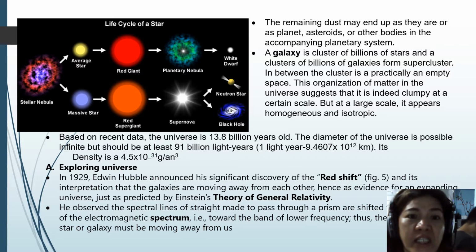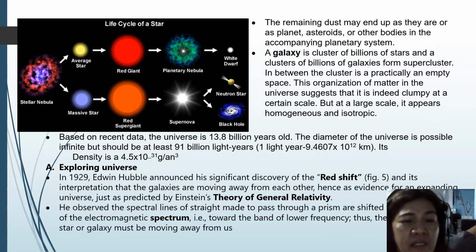The remaining dust may end up as it is or as planets, asteroids, or other bodies in the accompanying planetary system. A galaxy is a cluster of billions of stars, and a cluster of billions of galaxies forms a supercluster. In between the clusters is practically empty space.